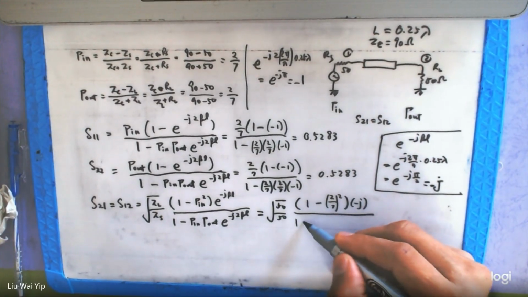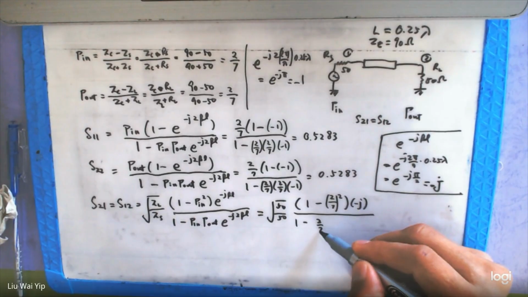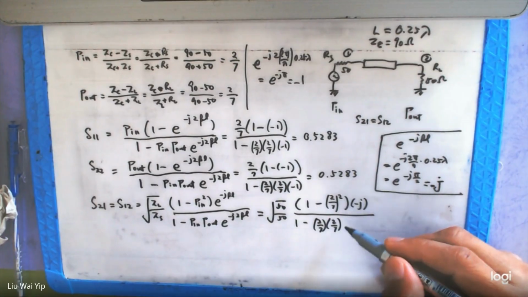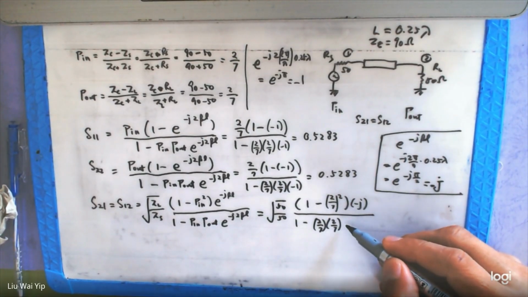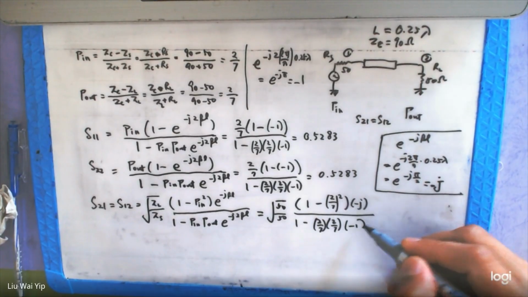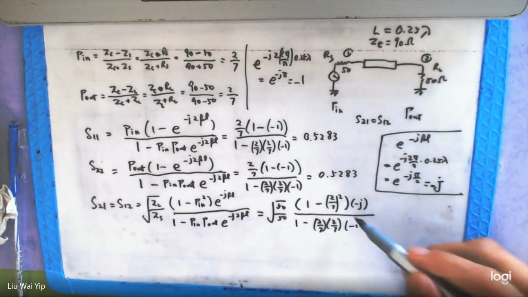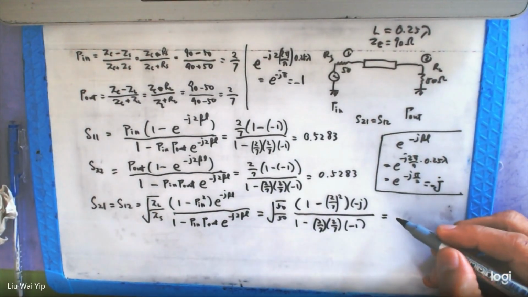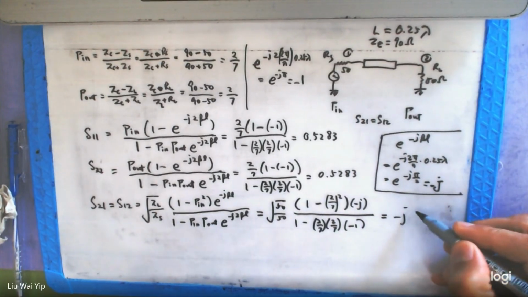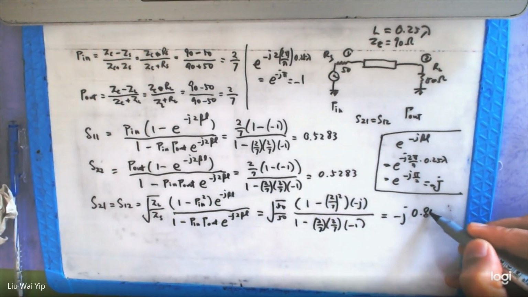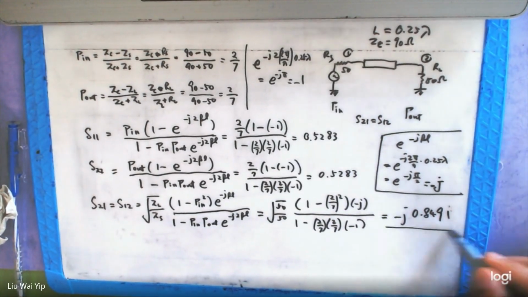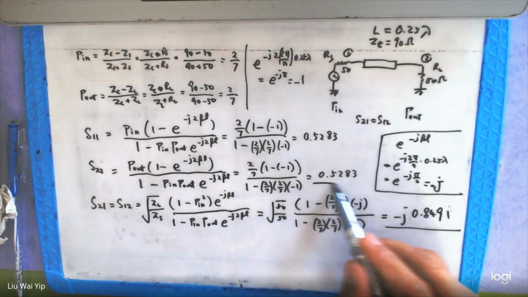And then 1 minus 2 over 7 times 2 over 7, and then minus 1. So if you work out more carefully, you will get minus j 0.8491. So this is what you need.